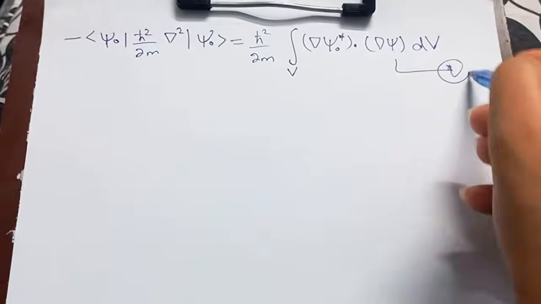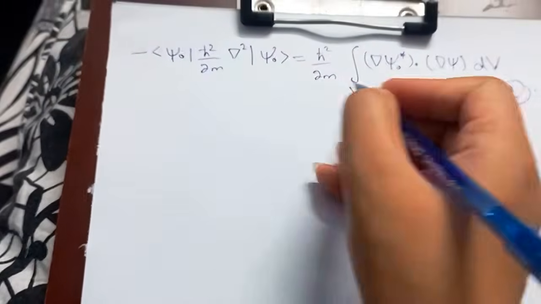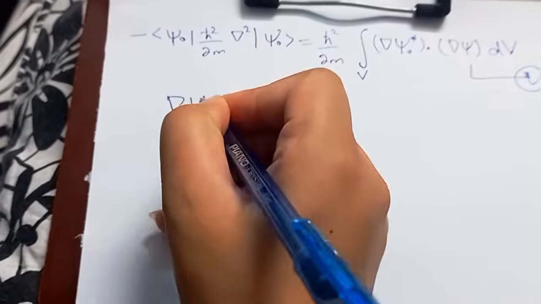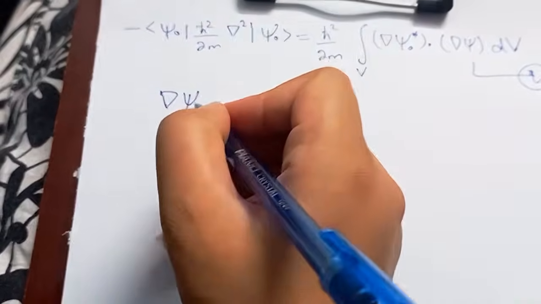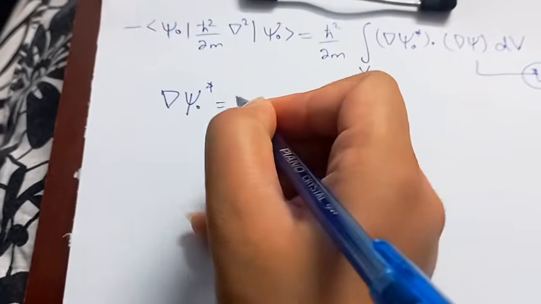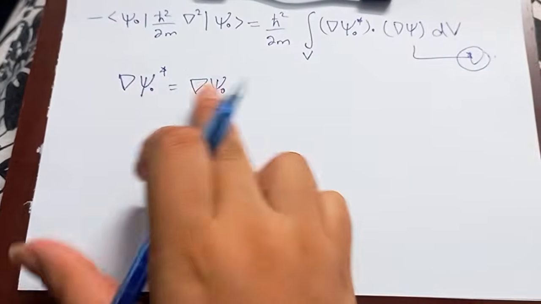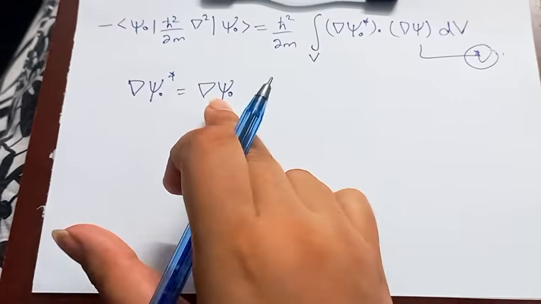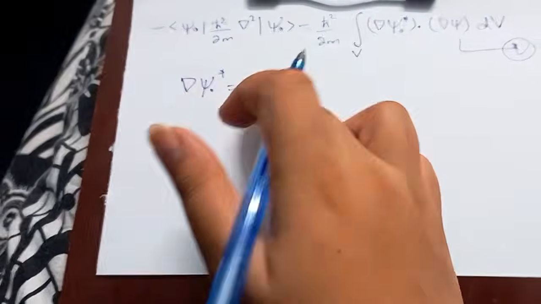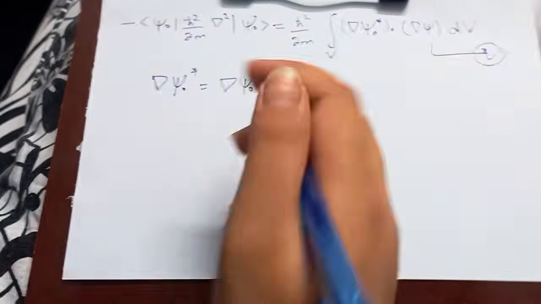Now let's use it. Here we need to calculate del psi first. Del psi naught star is equal to del psi naught. The reason is there is no iota here, so psi star will equal psi naught, and they are simply equal to each other.